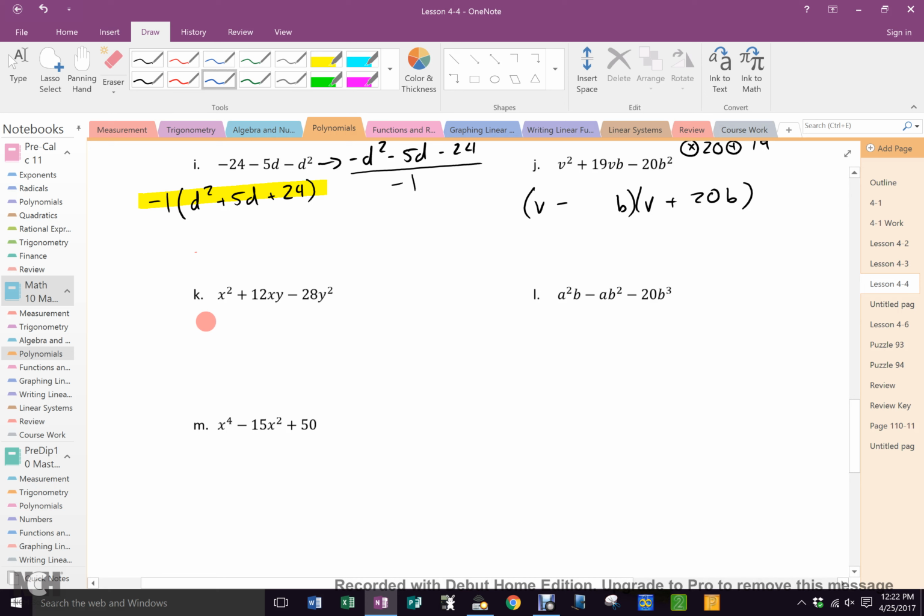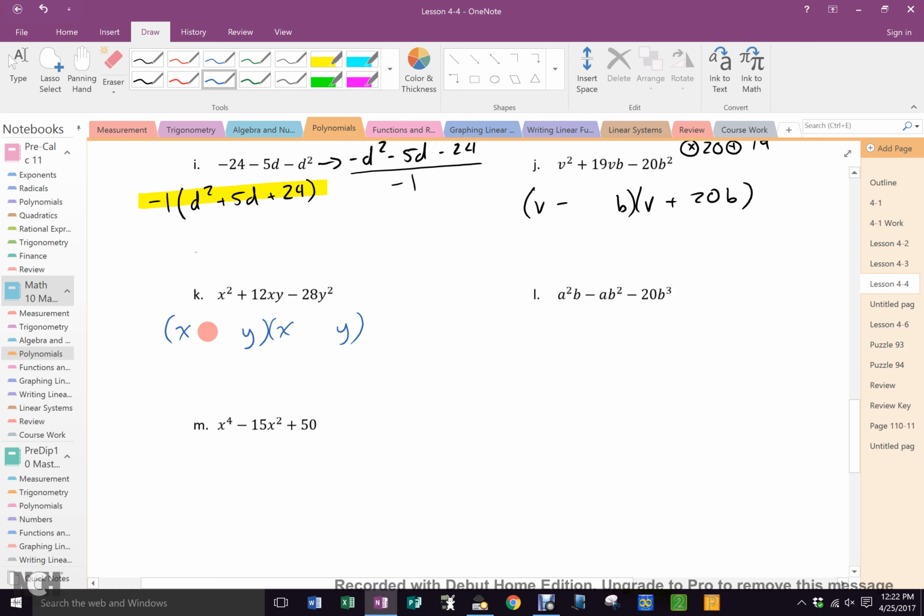You can do almost all the work before you even have to think. What's going here? X and X. What's going here?